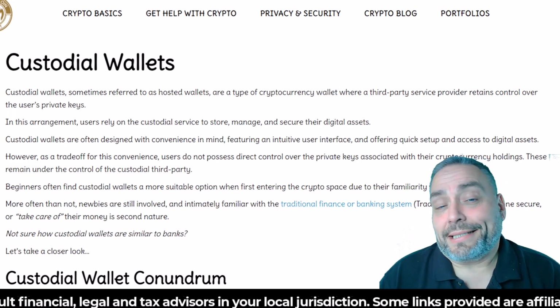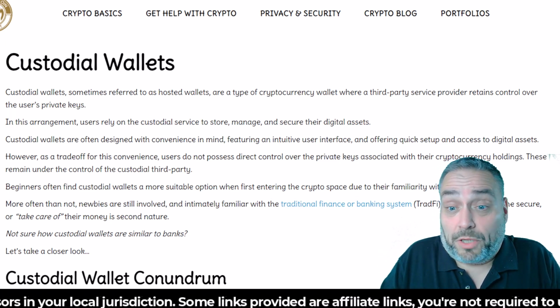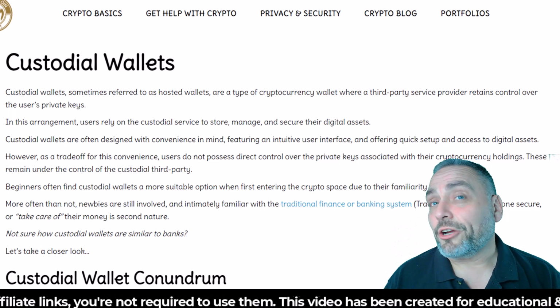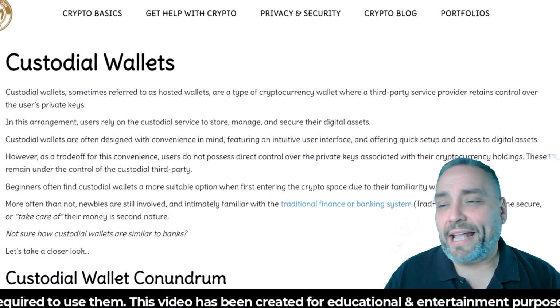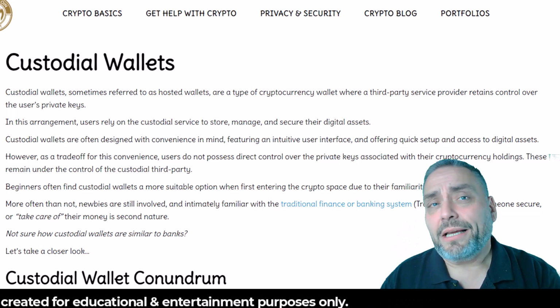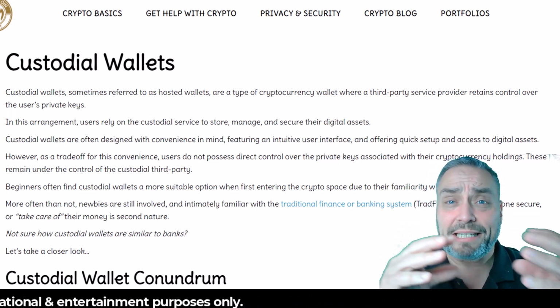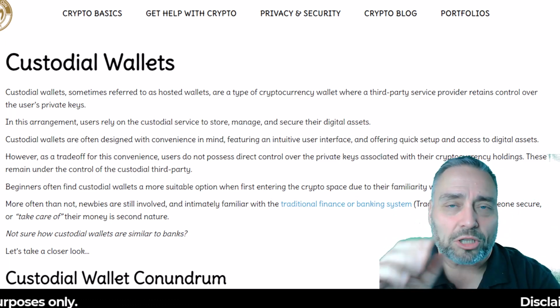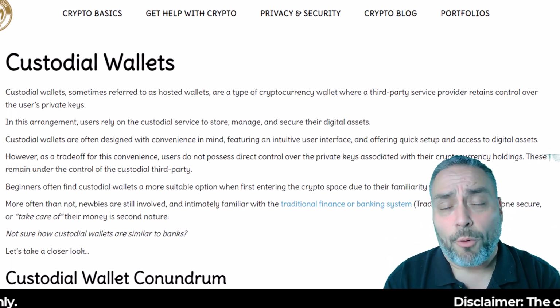Now, this is the type of wallet that most of us have been introduced to when we first come into the space. They're easy to use, they interact like a bank, and I'm going to actually talk about that in a minute a little bit deeper so you can see the correlation between traditional banking and how it might relate to these custodial types of wallets.